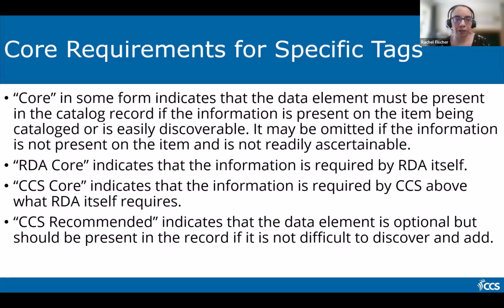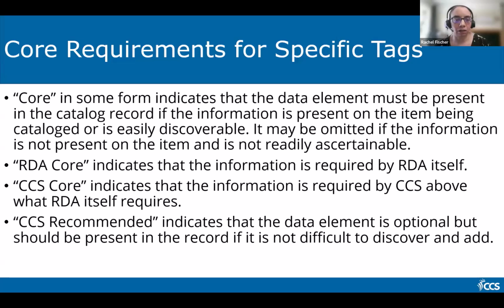So it may be omitted if the information is not present on the item and is not readily ascertainable. RDA core indicates that the information is required by RDA, or the official RDA at this point. CCS core indicates that the information is required by CCS, even though it is not required by RDA.